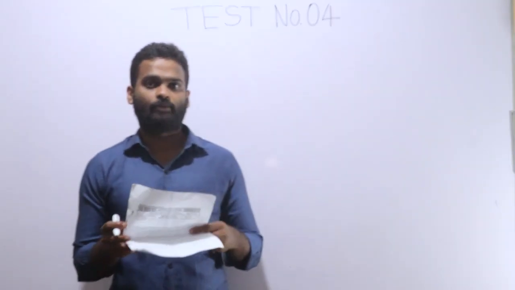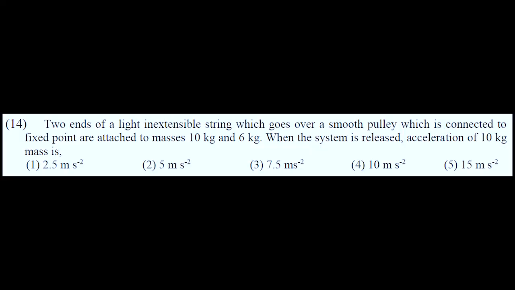Okay, moving to the 14th question. Two ends of a light inextensible string which goes over a smooth pulley, which is connected to a fixed point, are attached to masses 10 kilogram and 6 kilogram.